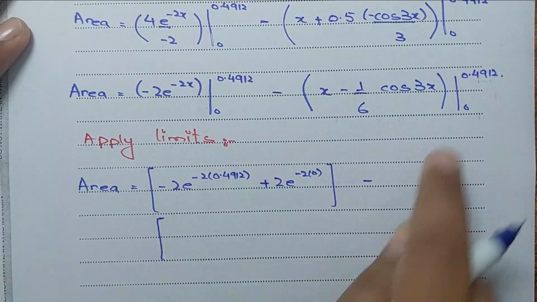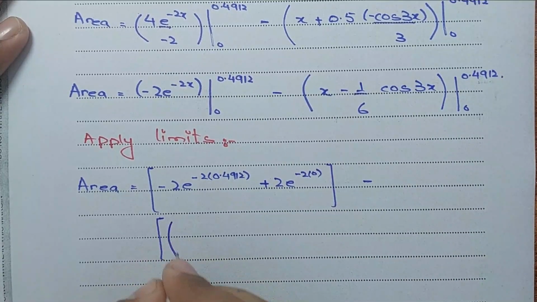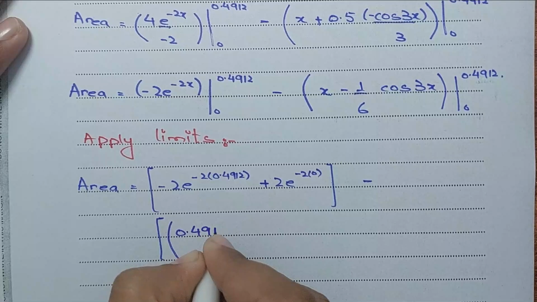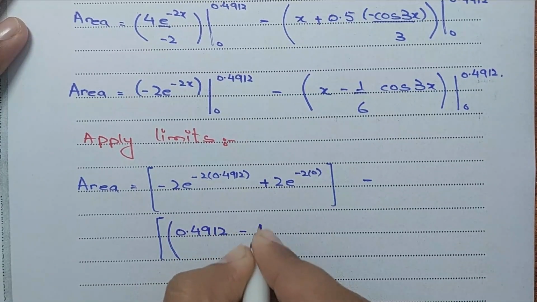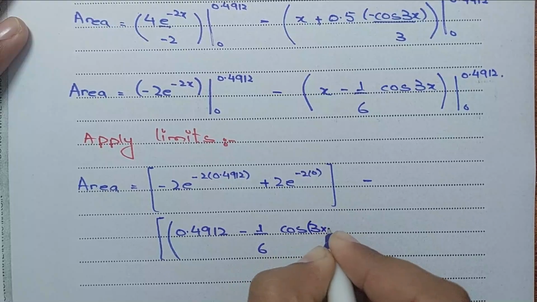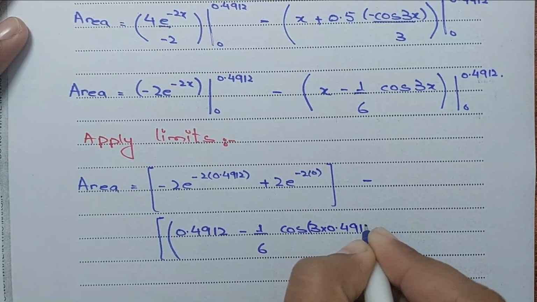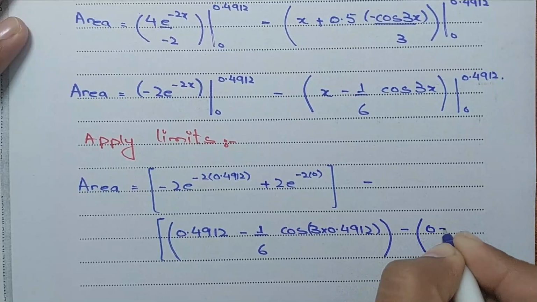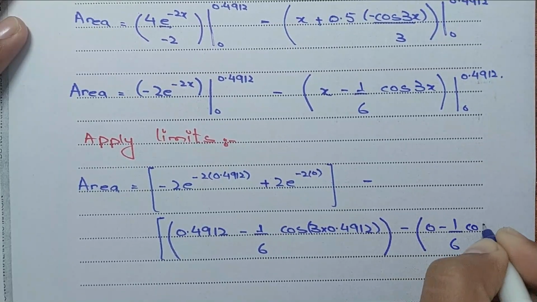The upper limit is 0.4912 minus 1 over 6 cos 3 into 0.4912. This is the upper limit, minus the lower limit, which is 0 minus 1 over 6 cos 0.